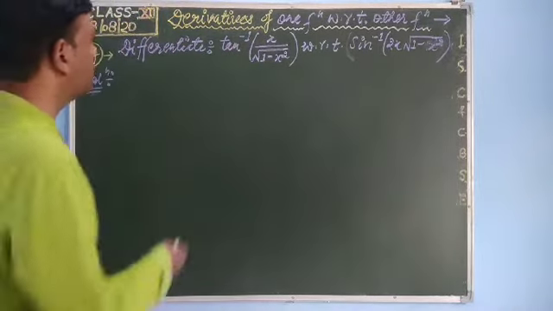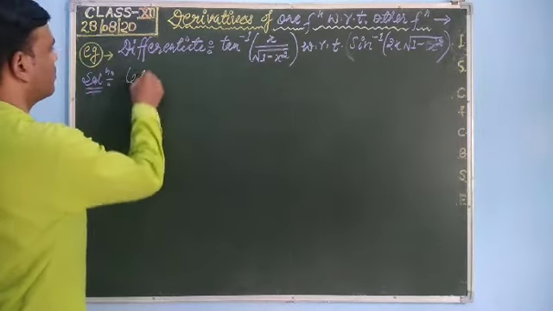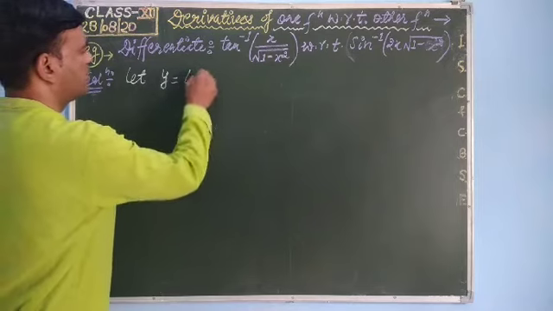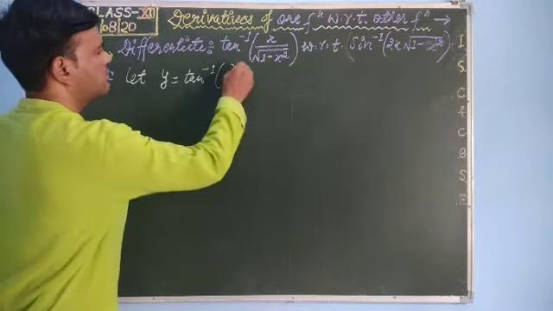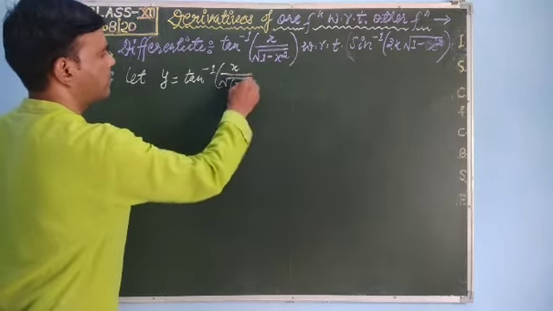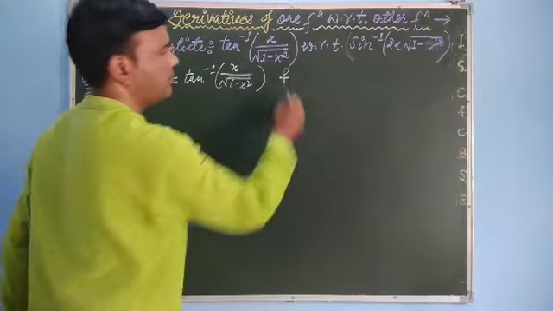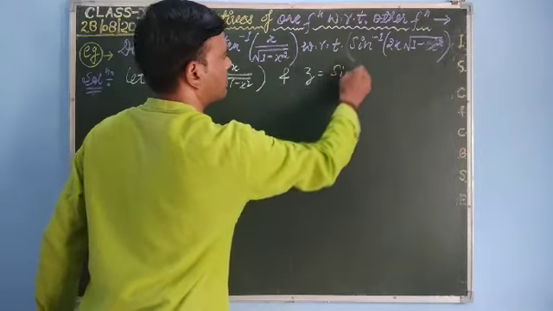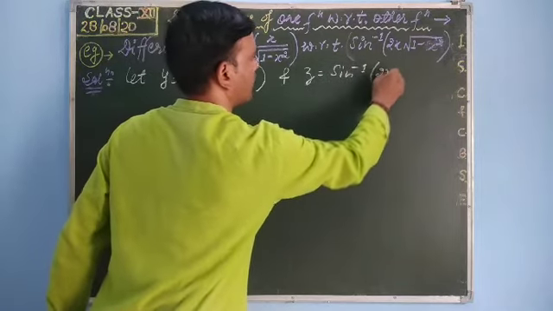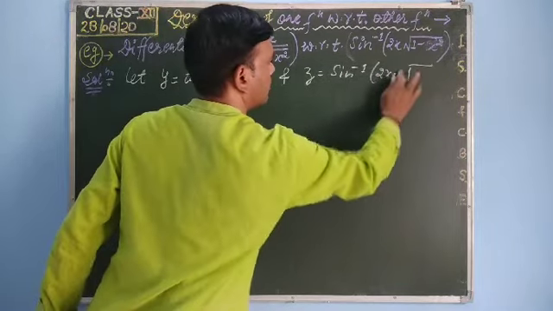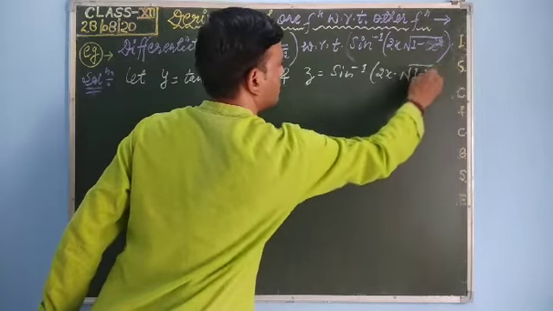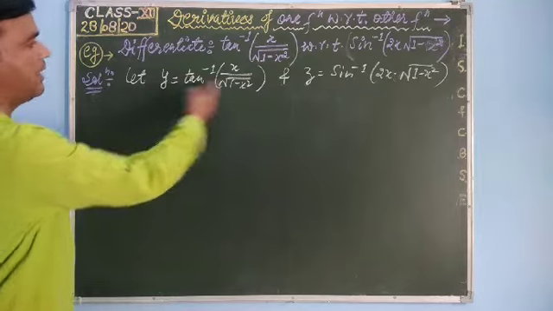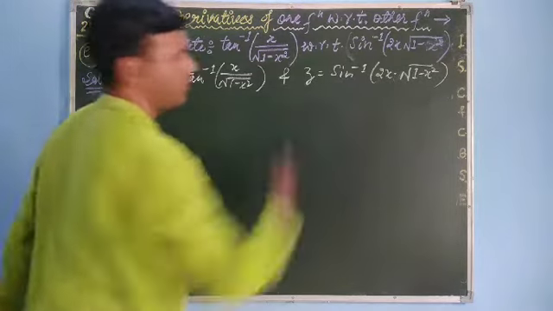So see here students, let y is equal to tan inverse of x upon under root 1 minus x square, and let me take the second as z. Z is equal to sine inverse of 2x times under root 1 minus x square. So this is now a parametric form, because y is in terms of x and again z is in terms of x.